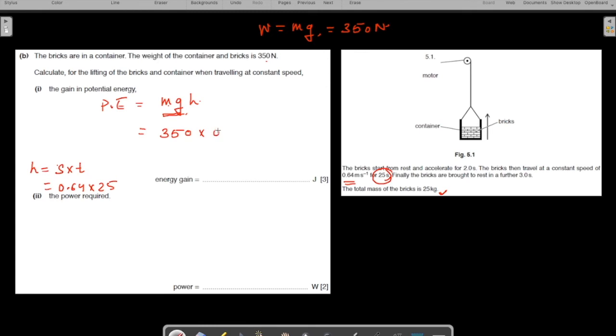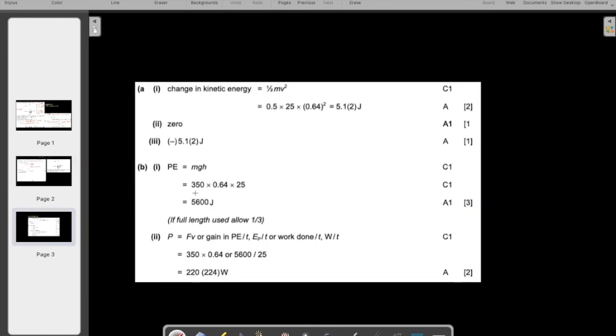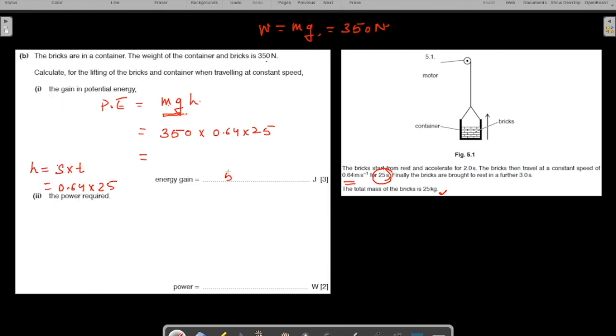So you have to multiply 350 times 0.64 times 25. Multiply these three numbers on your calculators and you should be getting your answer. You may pause the video here for a moment, and then I'm going to show the mark scheme, so tally it with the mark scheme. See, they have also done the same thing. Your answer should be around 5600 joules. Alright, so this is done.